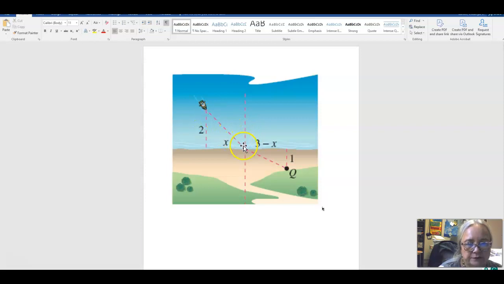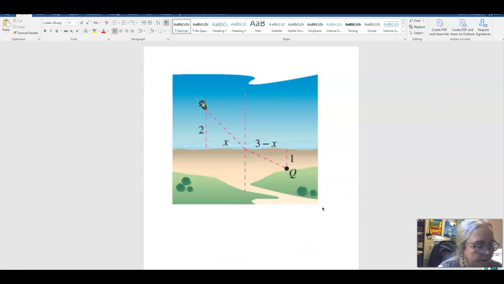This distance, as the hypotenuse of a right triangle, will be square root of x squared plus 2 squared. I show you in writing. This distance, as the hypotenuse of this right triangle, will be square root of (3 minus x) quantity squared plus 1 squared.